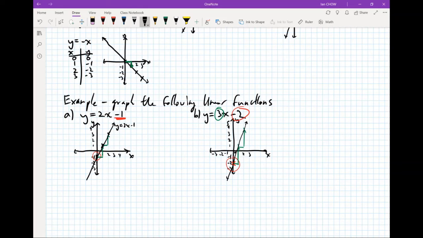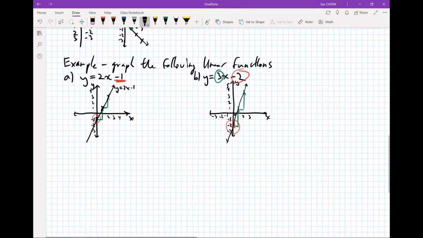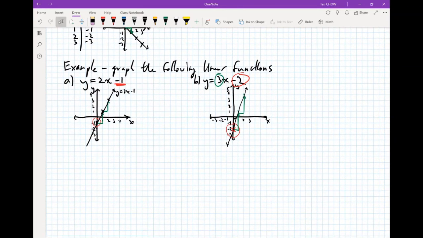Okay, so that is how we can very quickly and easily graph linear functions. I'm not going to give you too much homework, but I want you to graph the following linear functions.